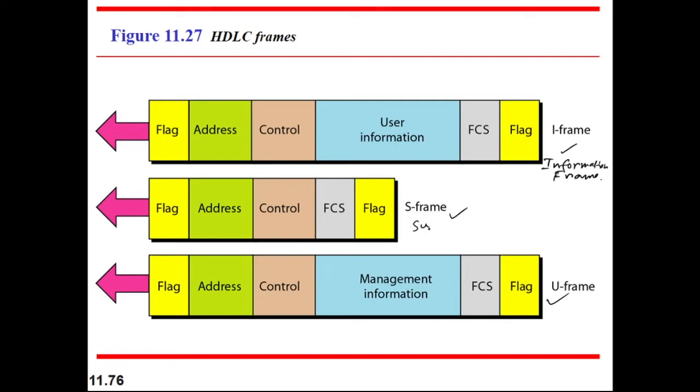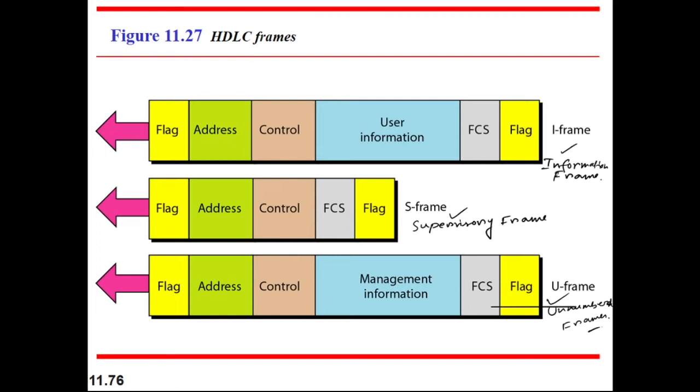And the U frame is the unnumbered frame. So HDLC has these three types of frames.